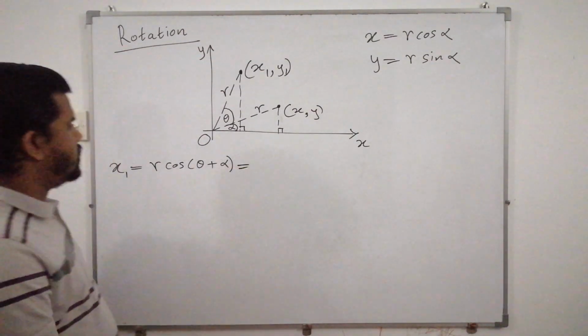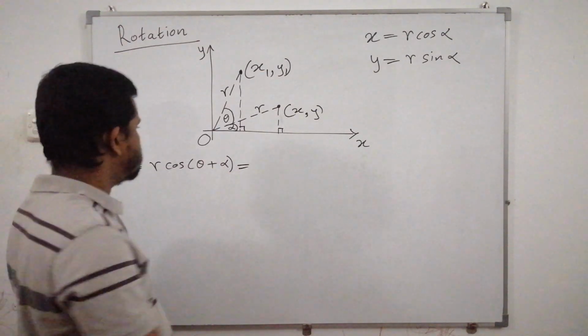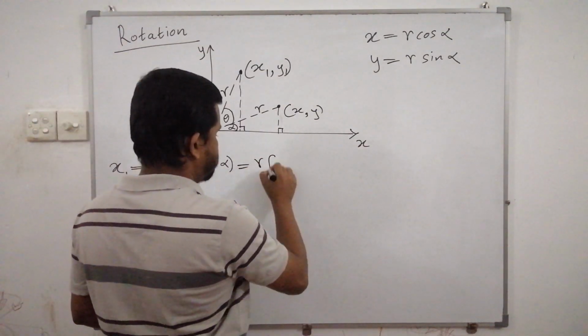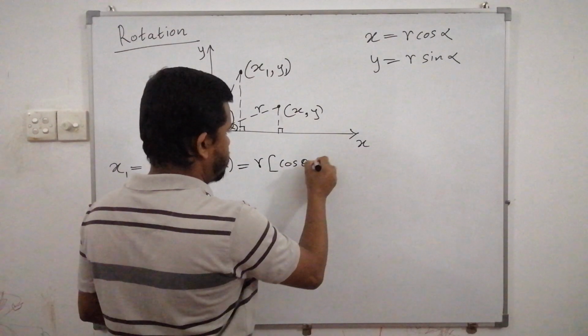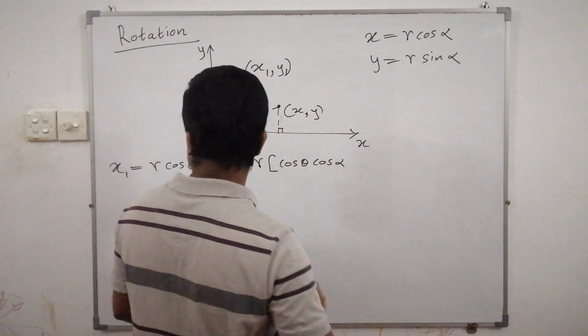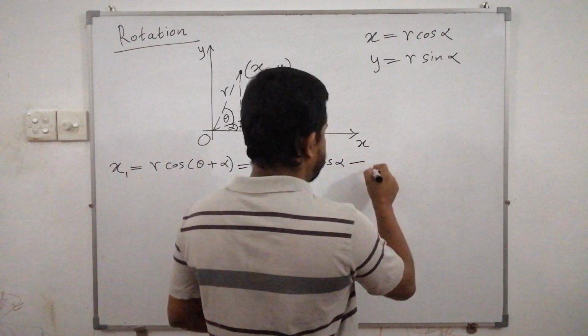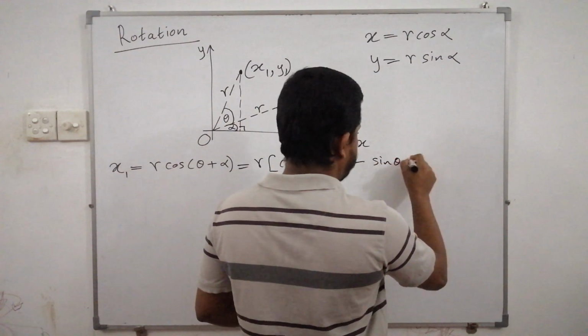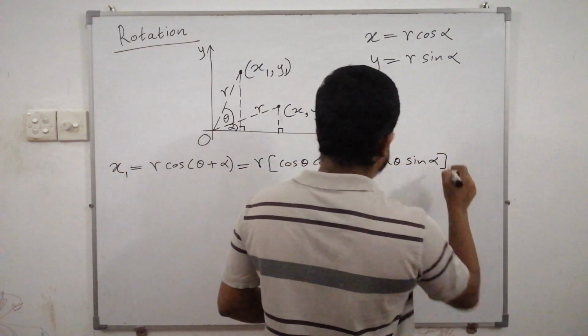Here now we can expand: r cos theta cos alpha minus sin theta sin alpha.